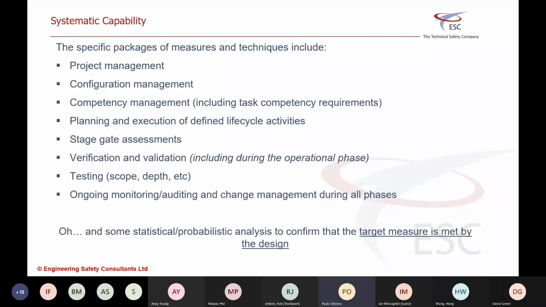Just a quick note to say configuration management is not version control. Version control is part of configuration management. Configuration management is a strategy to ensure that you're using the right information at the right time. Competency management, including task competency requirements. Planning and execution of defined lifecycle activities.